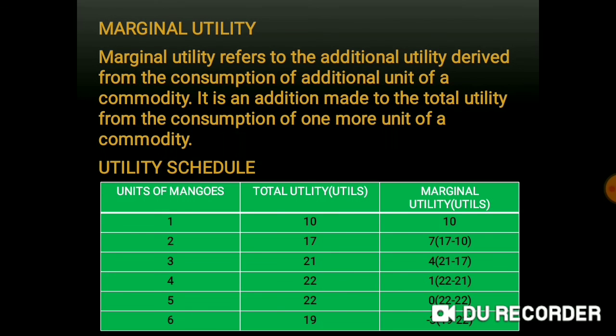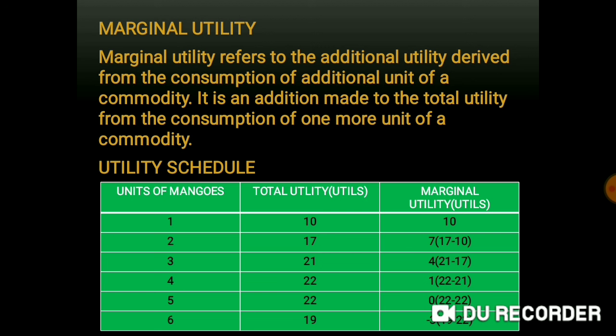Now let us understand what do you mean by marginal utility. The term marginal means addition. So marginal utility refers to the additional utility that is derived by the consumer from the consumption of an additional unit of a commodity. It is an addition made to the total utility from the consumption of one more unit of a commodity.